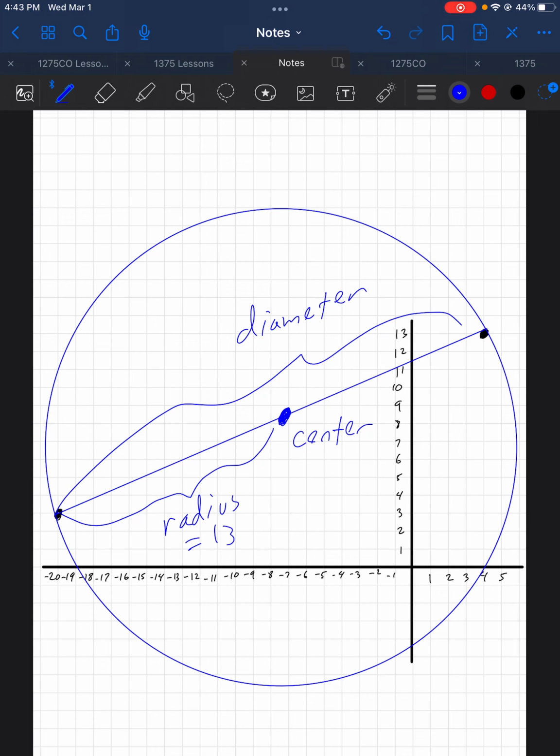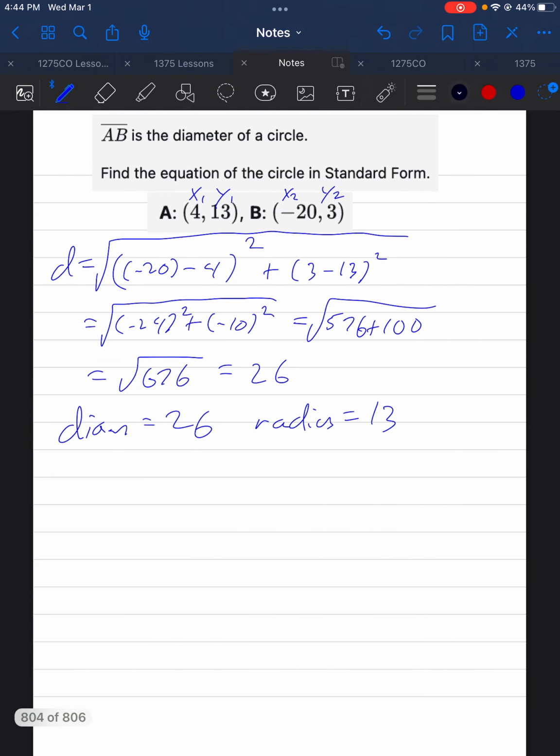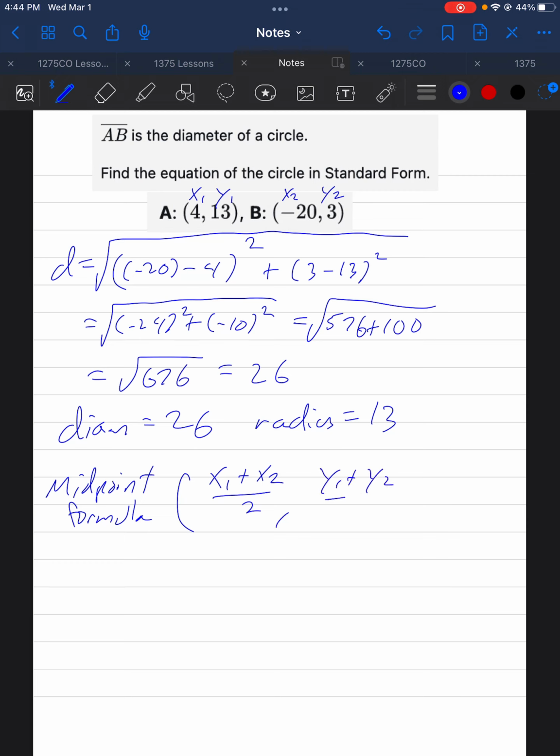But the next thing we need to figure out is the location of the center of the circle. So let's figure that out right now. There is something called a midpoint formula. The midpoint formula has this to go with it. x1 plus x2 divided by 2, y1 plus y2 divided by 2.